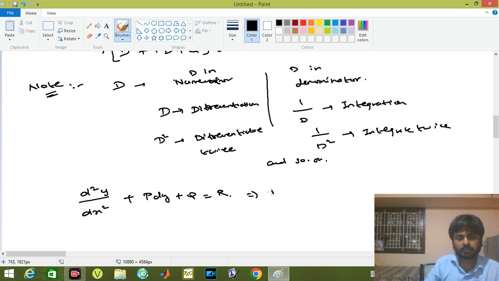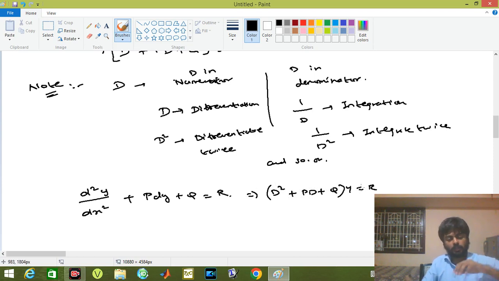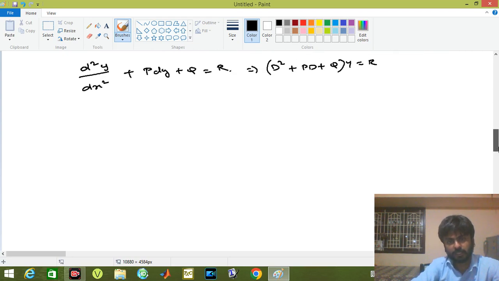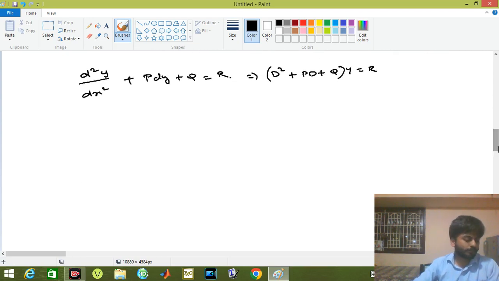We have already discussed. You will write it as (D square plus pD plus q) of y equal to r. Okay, so this is a differential equation. Any differential equation will have a solution for the dependent variable y.